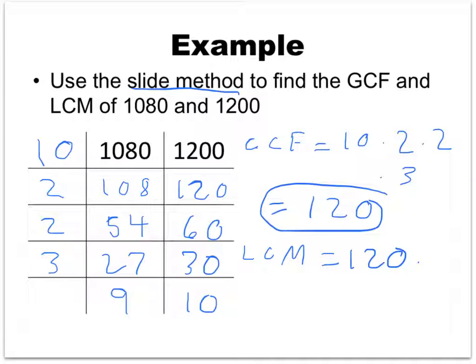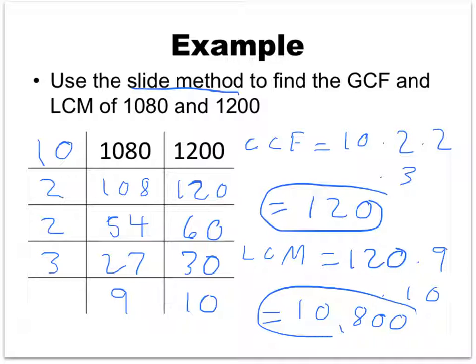So we're going to multiply this times 9 and then times 10. And if we do that arithmetic, we're going to get 10,800. You can verify this arithmetic on your own, but this is what it comes out to. So there's our least common multiple. So there's how to do the slide method to find the greatest common factor and the least common multiple. How it works is explained a little bit in the book, but that's how to do it.